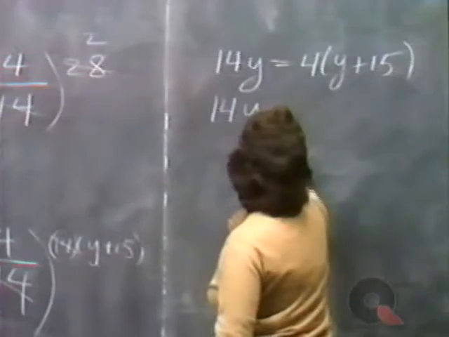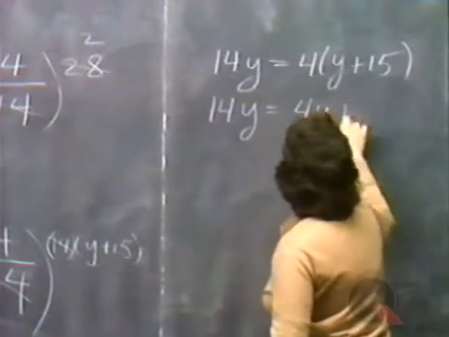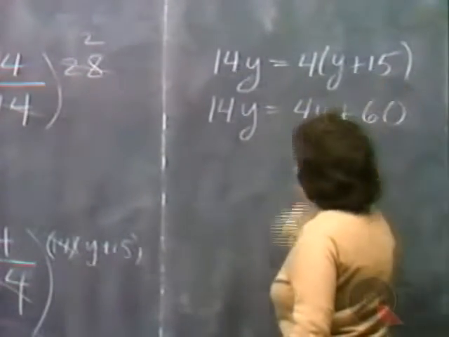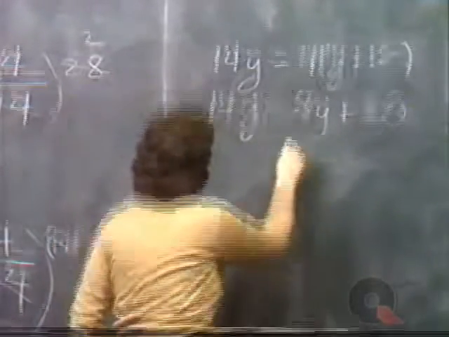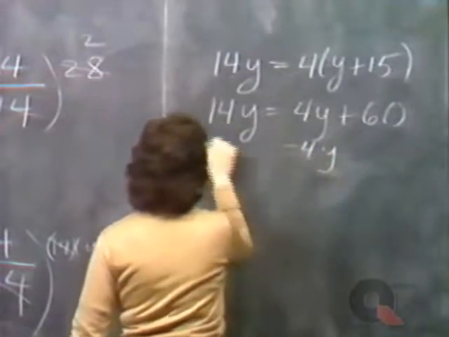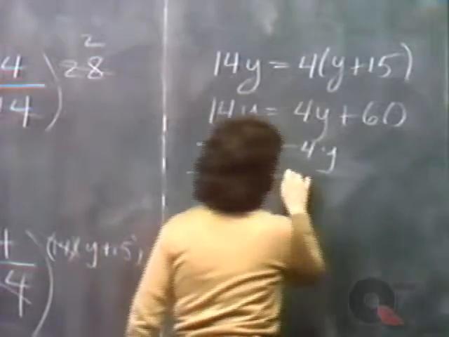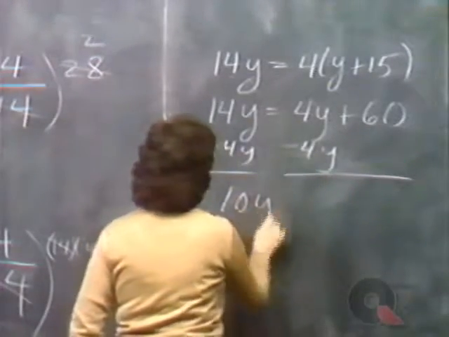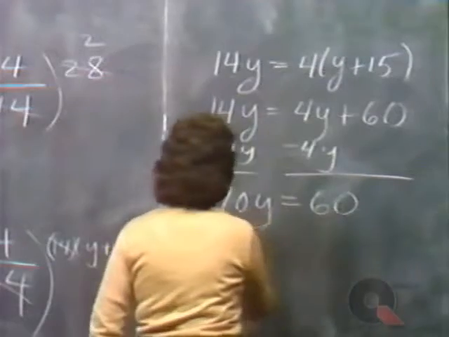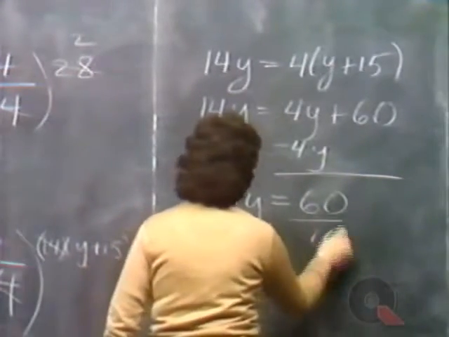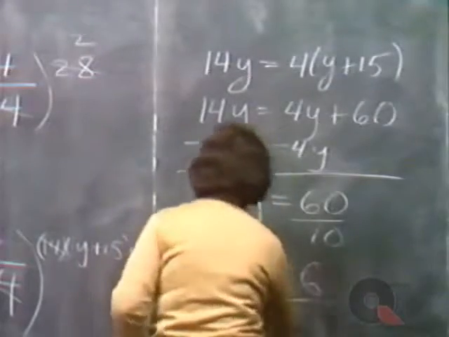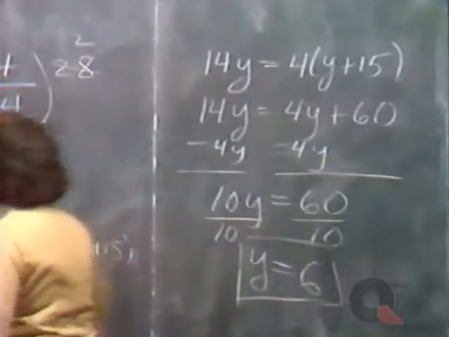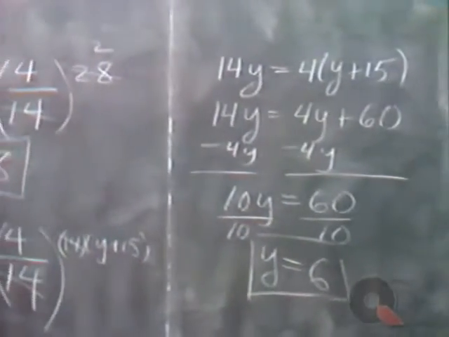Then 14y is 4y plus 60, distributing the 4 through the parentheses, and subtracting 4y from both sides, 10y equals 60. Dividing both sides by 10, y equals 6. So we were able to find that y equals 6 and x equals 8 in this problem.